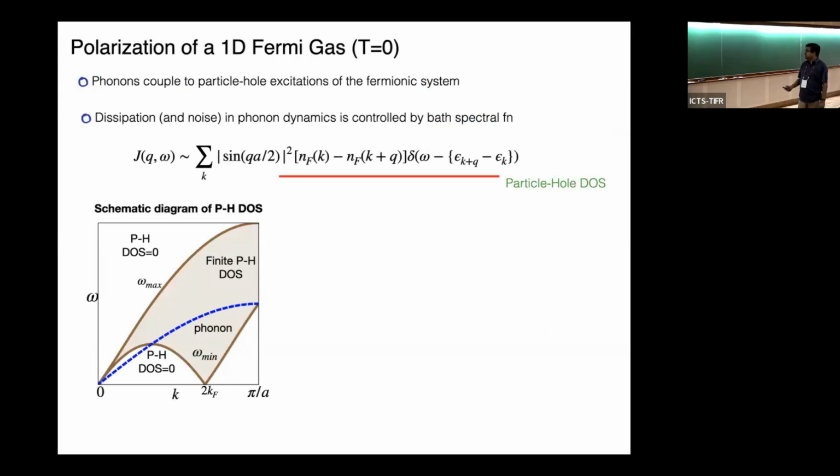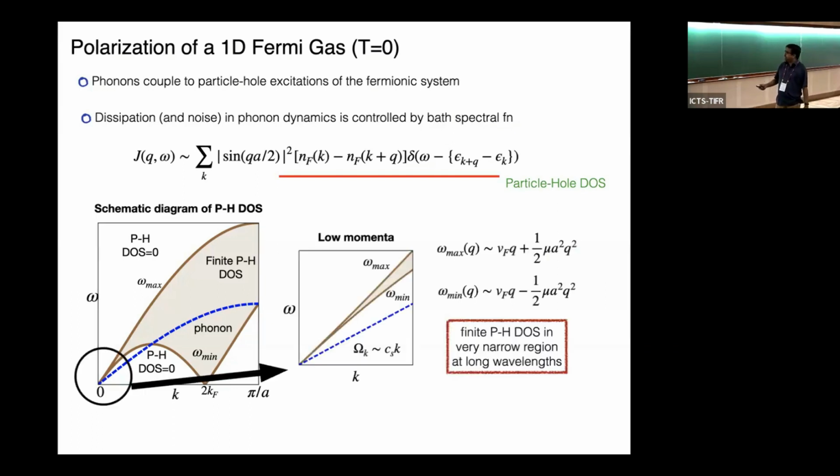This is easy to understand. If you look at the particle-hole density of states of a 1D Fermi gas, it has this lower limit and the upper limit, so the density of states is finite only here. And what is happening is your phonon is basically cutting through it like this. So if you have a low k here, the phonon effectively does not see any path.